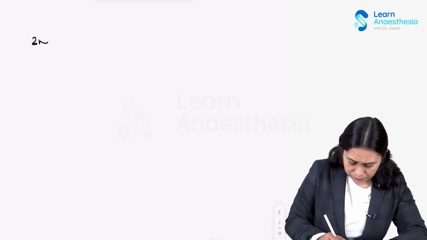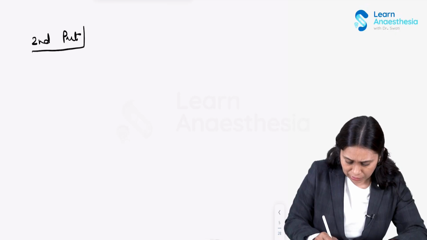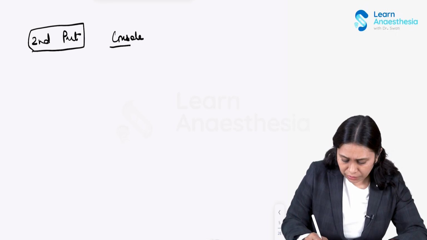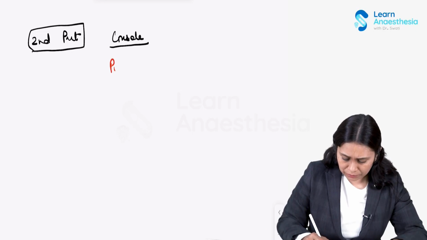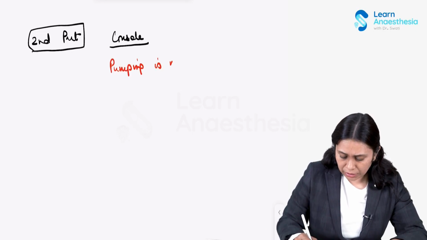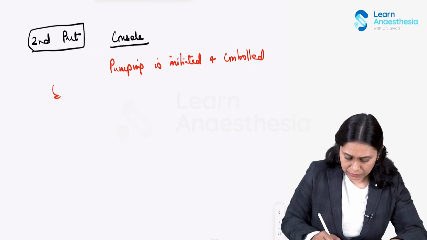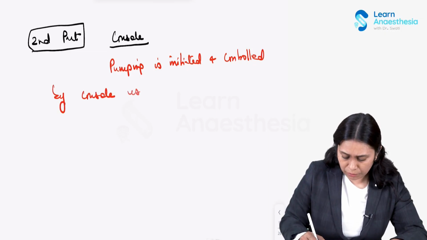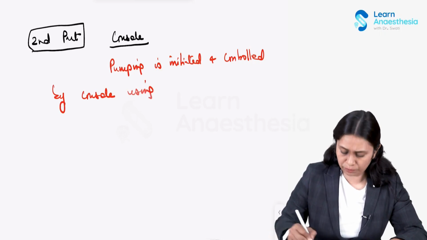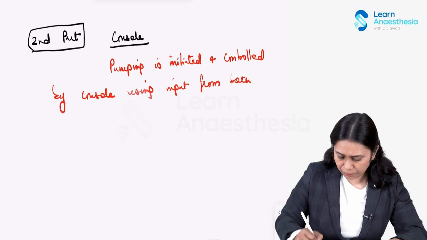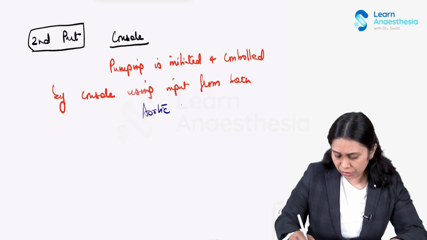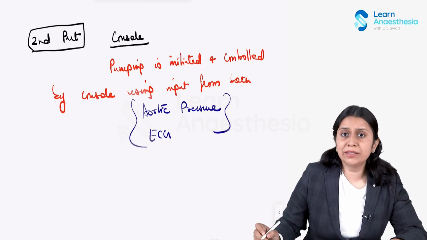So pumping is initiated and controlled by the console using input from both the aortic pressure tracing of the patient and the ECG of the patient, right? So these are the two tracings which provide the input.